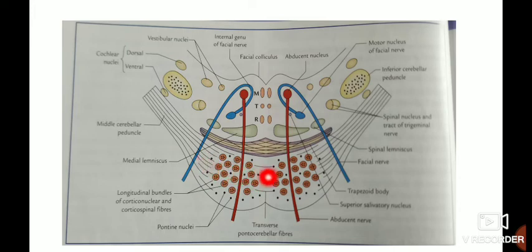Among the longitudinal bundles of fibers, it includes corticopontine, corticospinal, and corticonuclear fibers. And among the transverse fibers, it includes the pontocerebellar fibers. The small pontine nuclei form an important relay of the corticopontocerebellar pathway.